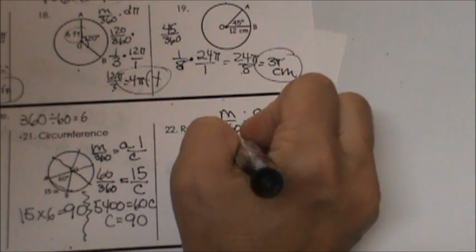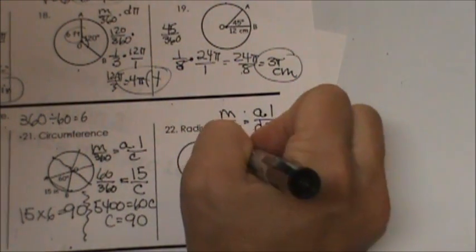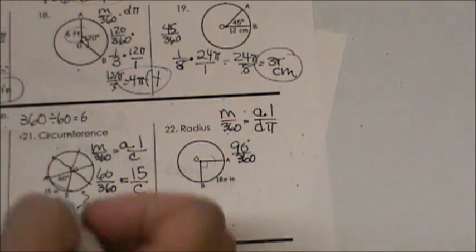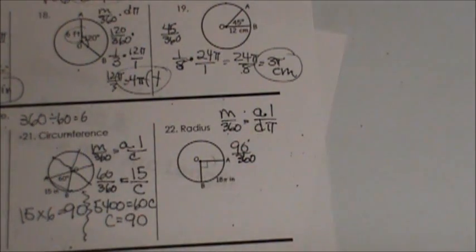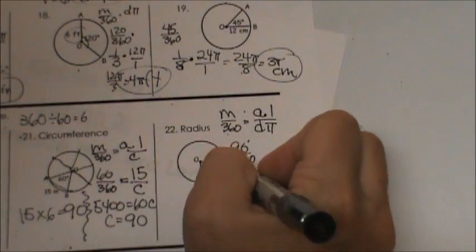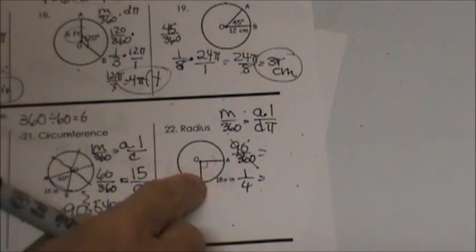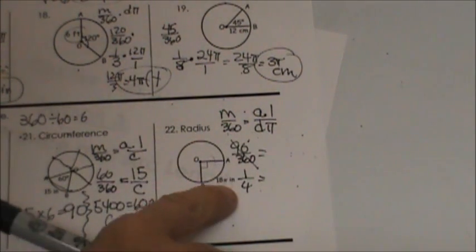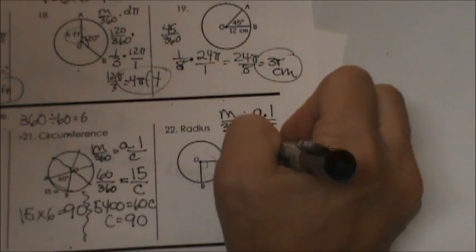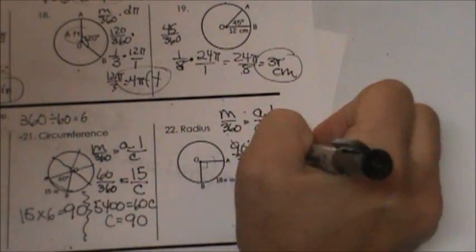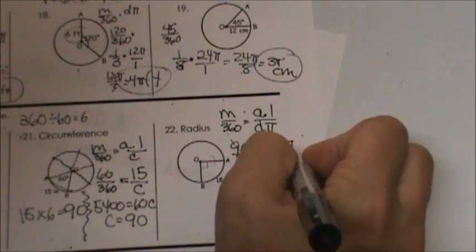It's 90 over 360. And for simplicity's sake, I'm going to reduce that. I know that's 1/4 of the circle, so I'm just going to reduce that. Now arc length, what's our arc length? 18 pi. 18 pi over circumference, which is d pi.